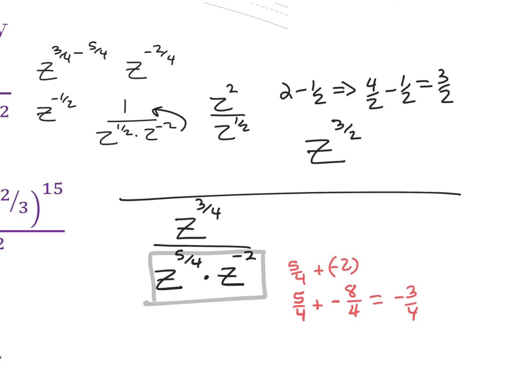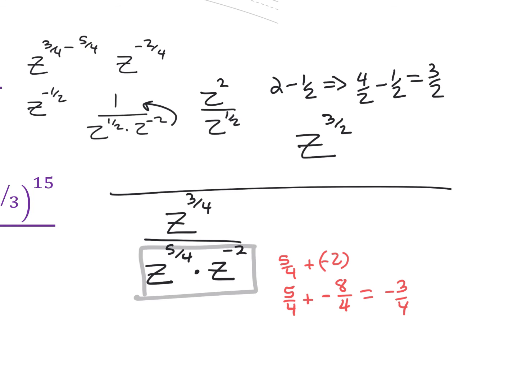All right, so now what I can do is put this in here. So then now I have z to the 3/4 over z to the -3/4.